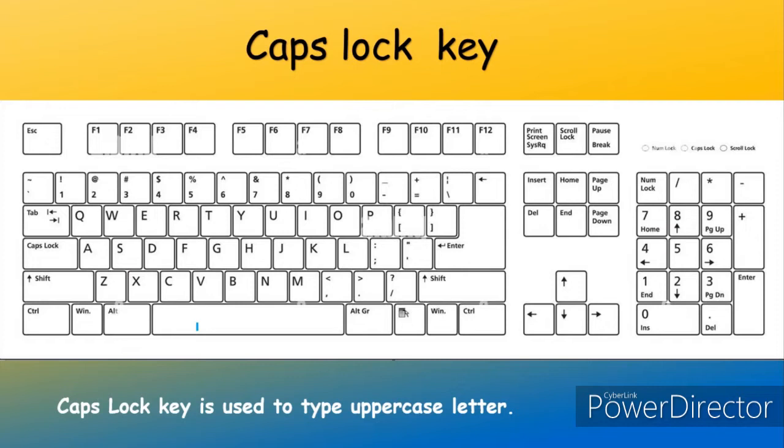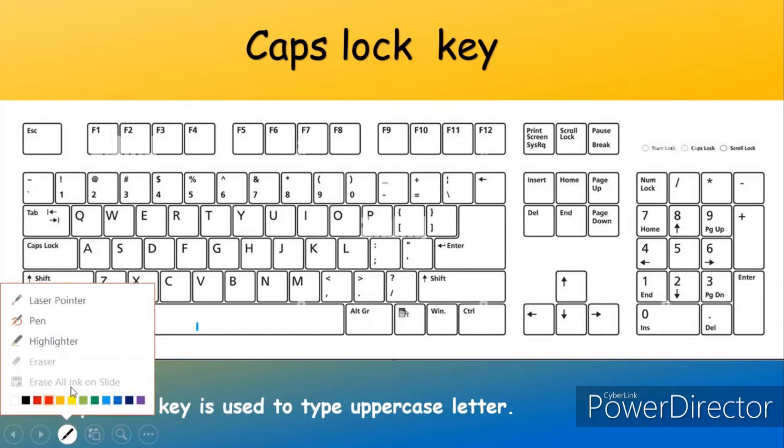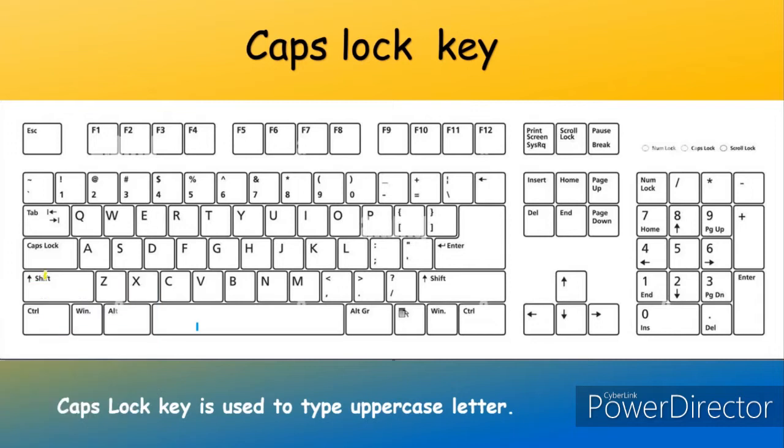So where is the caps lock key? Let's identify it together. I will highlight it for you. This is the caps lock key. We use it to type capital letter.